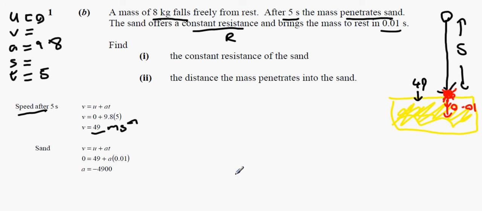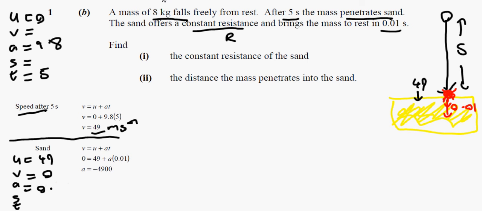Now, once it's in the sand, we're going to do UVAST again. The part above is free falling, and the part underneath is when it's in the sand. U is going to be equal to 49. V is going to be equal to 0.